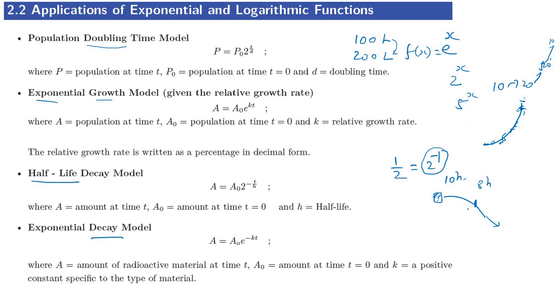So here it is 2 power minus, and here also it is e power minus. Two things for 2: the word doubling and the word half-life are for 2. And exponential growth and exponential decay are for e. If you understand all these 4 formulas and the names, problem solving is very easy.